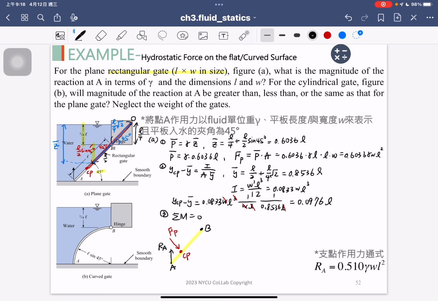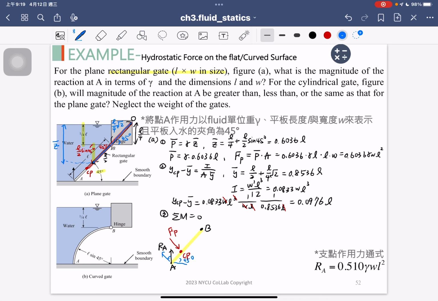If we would like to compute the moment balance, we need to project the force along these directions. We know that the angle here is 45 degrees, so the angle here is also 45 degrees.